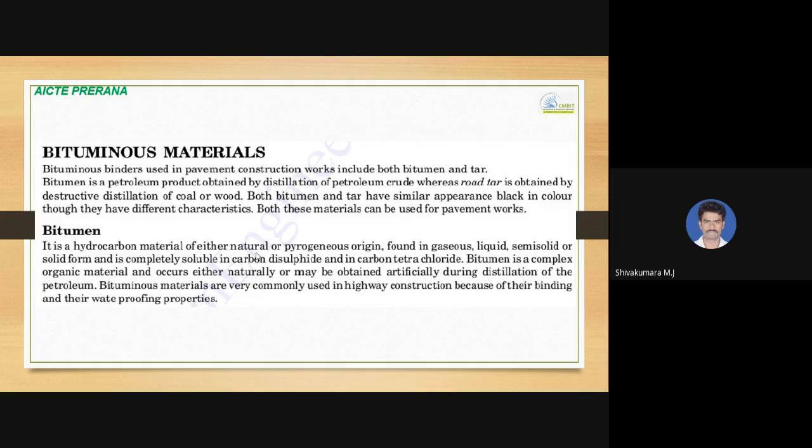Bitumen is a complex organic material and occurs either naturally or may be obtained artificially during the distillation of petroleum products. Bituminous materials are very commonly used in highway construction because of their better binding ability and also their waterproofing properties.